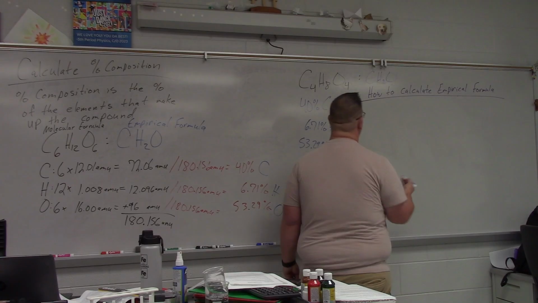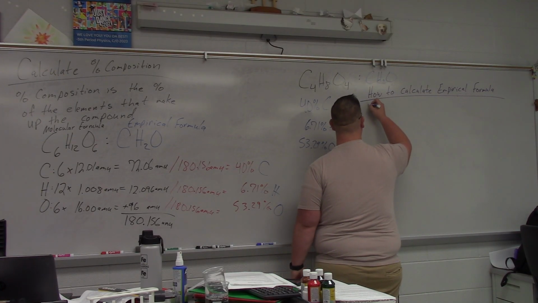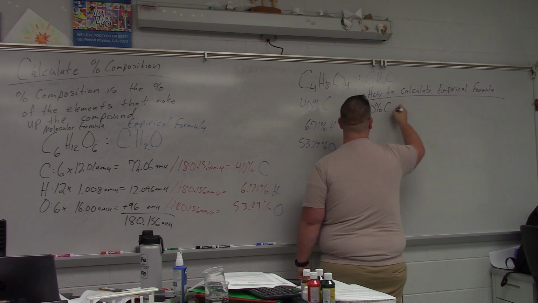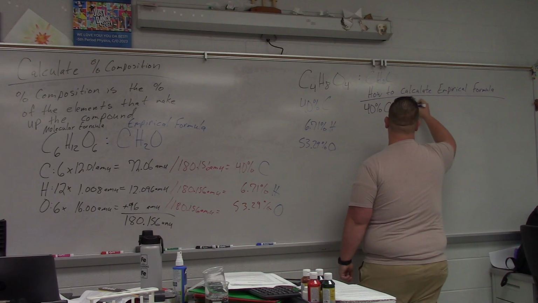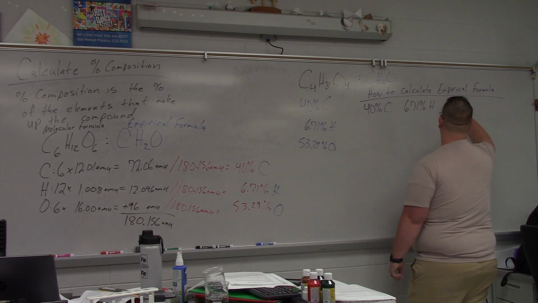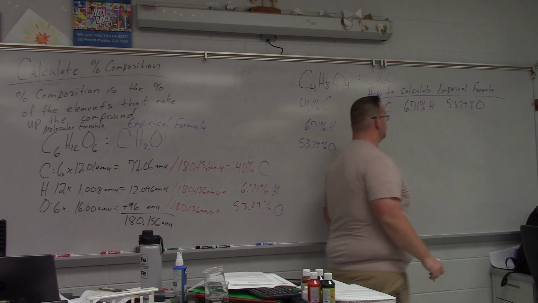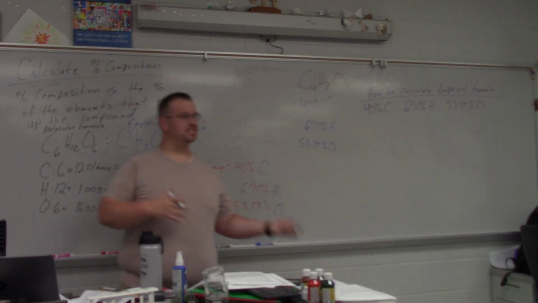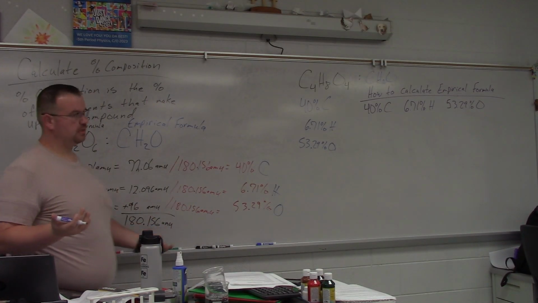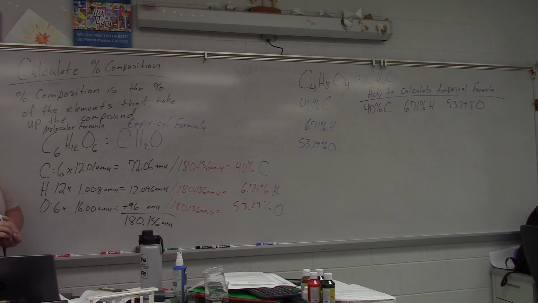So in this case, I would give you information that there's some molecule and 40% is carbon, 6.71% is hydrogen, and then I would say 53.29% is oxygen. So you have the percent composition of it. That's fixed and you know it.